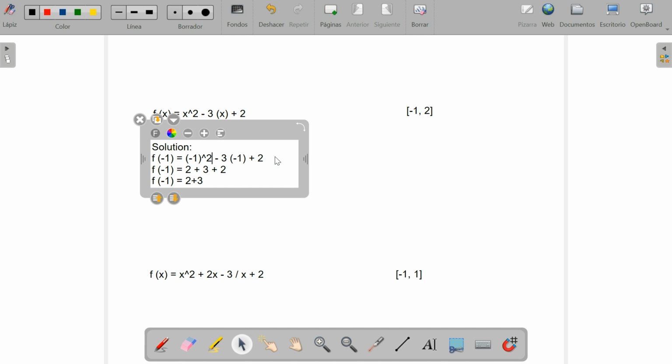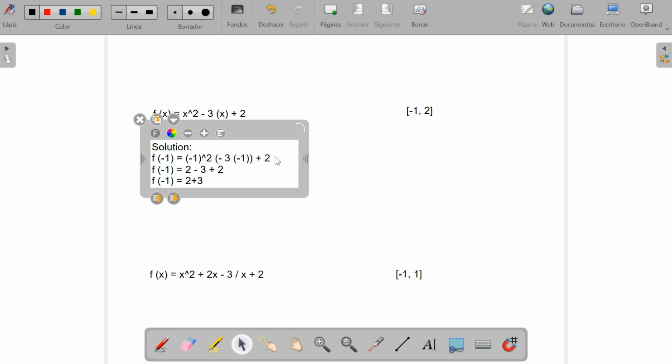Let's check something because I think that I am missing something. Minus by minus is positive, but in this case this one was positive, the other one was negative. Why is this negative? This is the trick here. Let's put this in parentheses for you to understand.